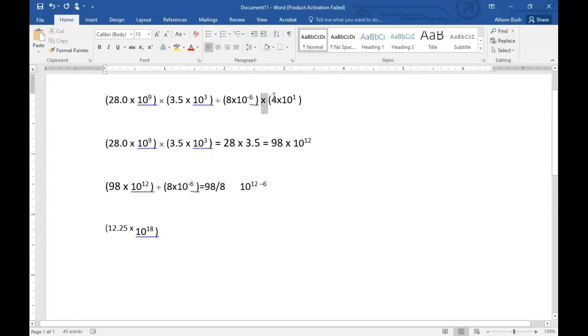All right, and then the last thing I've got to do is bring down and multiply the last section. So I have 12.25 times 4. And with that, I've got 10 to the 18th plus 10 to the 1, which would give us 10 to the 19, right?